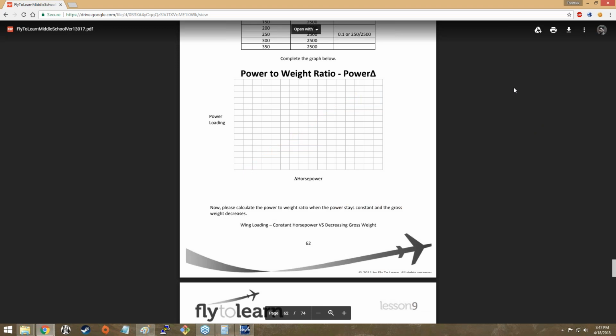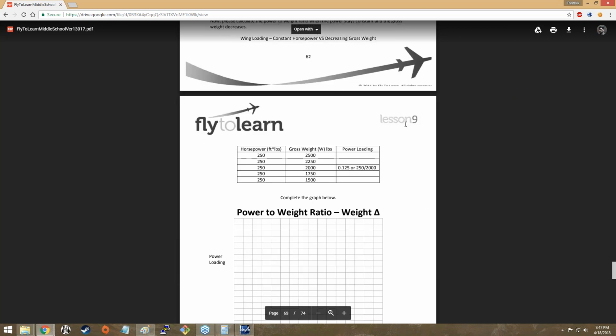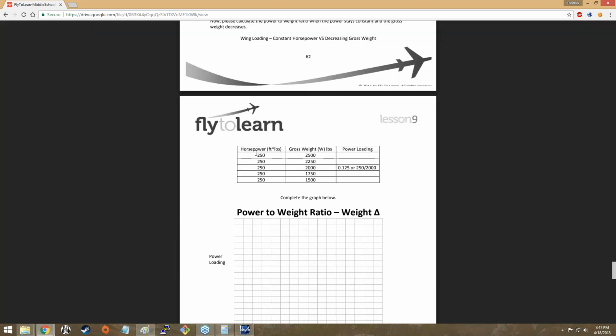So calculate the power to weight ratio when the power stays constant and the gross weight decreases. So wing loading and constant horsepower versus decreasing gross weights. If the horsepower stays constant and the gross weight decreases, what happens to power loading?